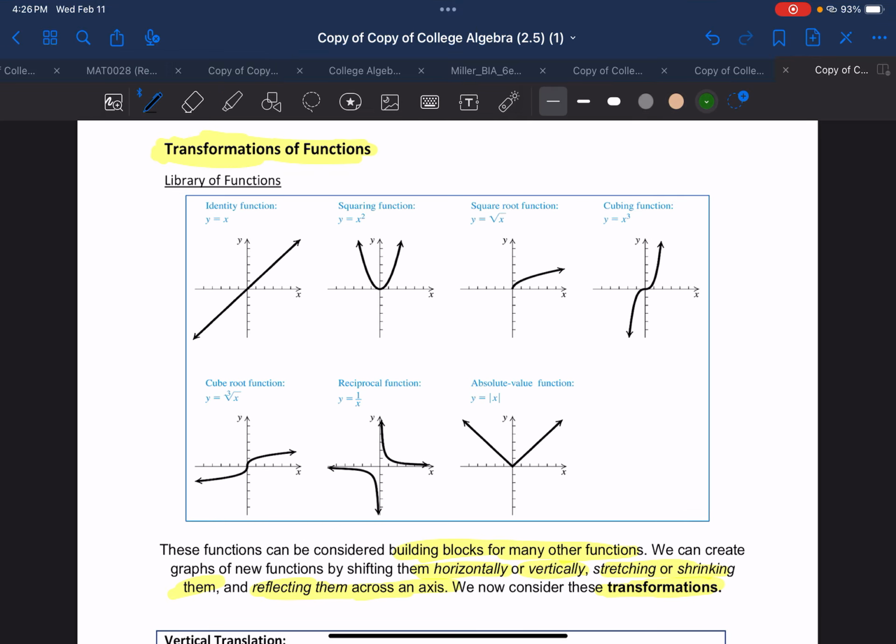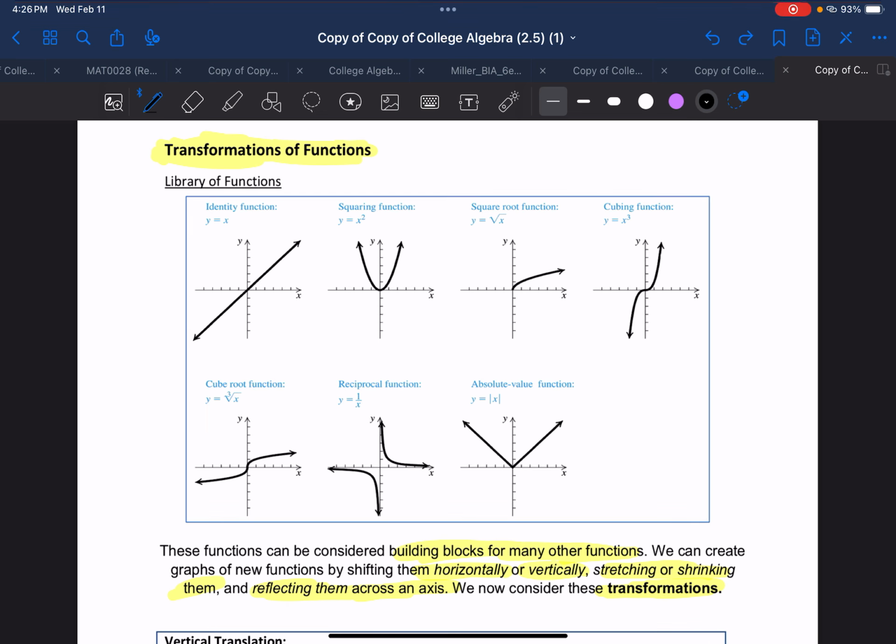First, I kind of just want to review even and odd here. So if I just look at this first graph of the line, this graph is going to be symmetric about the origin, so it's odd.